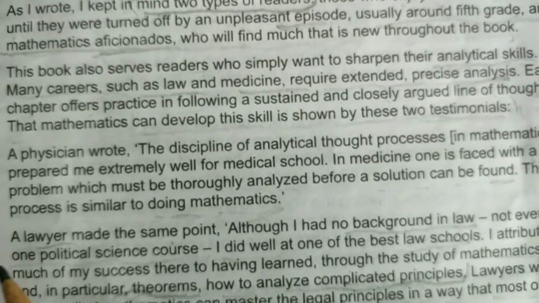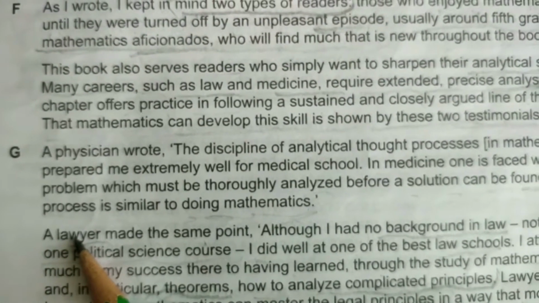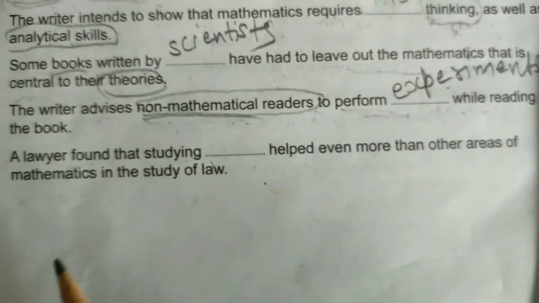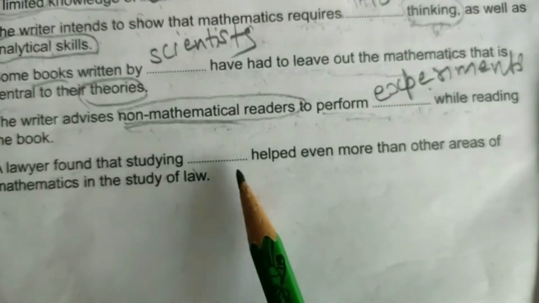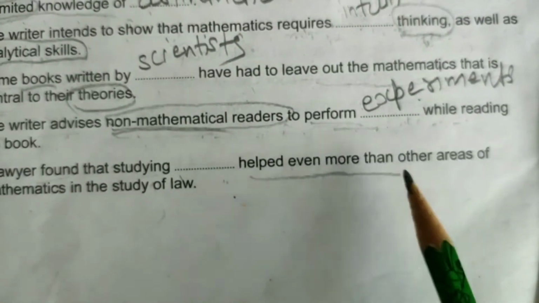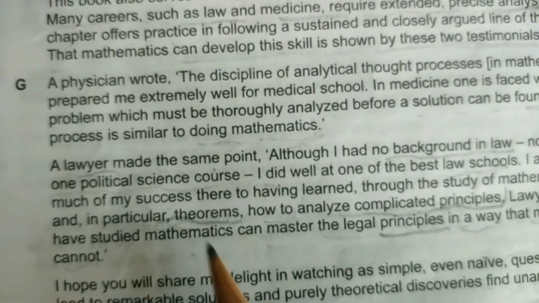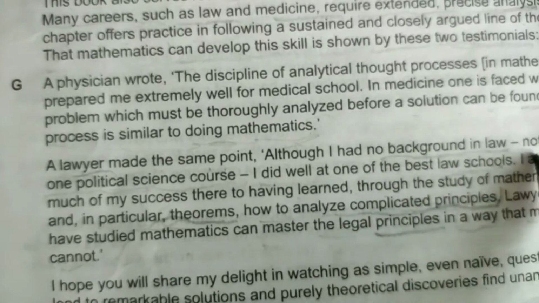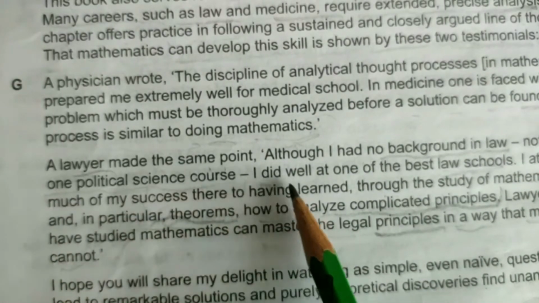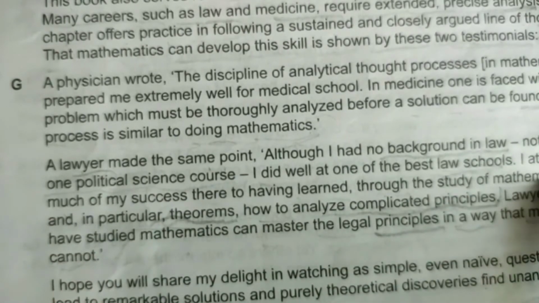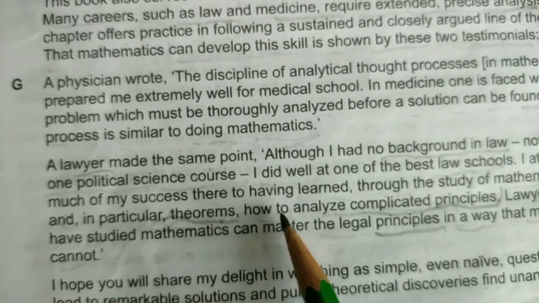A lawyer, the writer is talking about a lawyer in the paragraph G. A lawyer made the same point, although I had no background in law, not even a political science course I did well at, okay, I attribute much through the study of mathematics and in particular theorems how to analyze complicated principles.